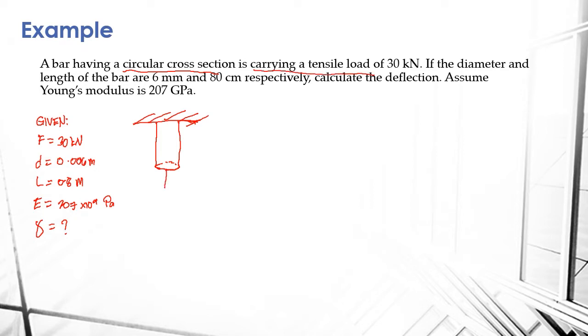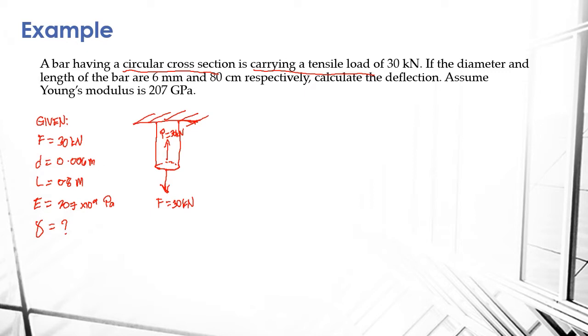Mao ni ang F nato. F is equal to 30 kilonewton, di ba? Since ang force nga nag-act sa iyaha, ang P, ang reaction niya, is equal to 30 kilonewton pod kay isa ra may nag-act sa iyaha. Kay neglect man nato ang weight. So, P is equal to 30 kilonewton.